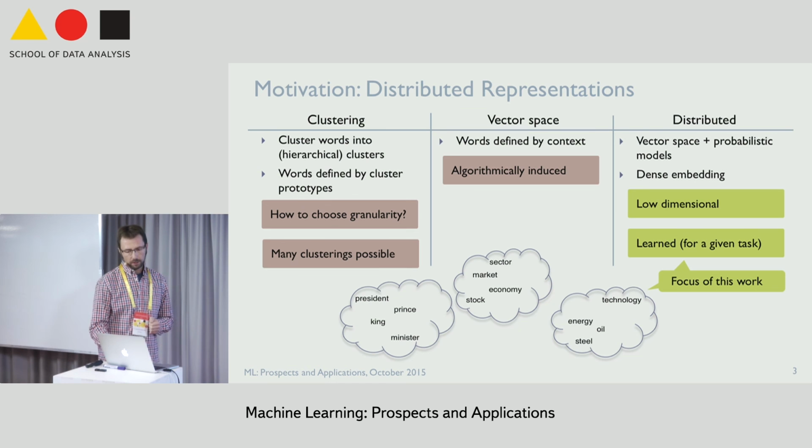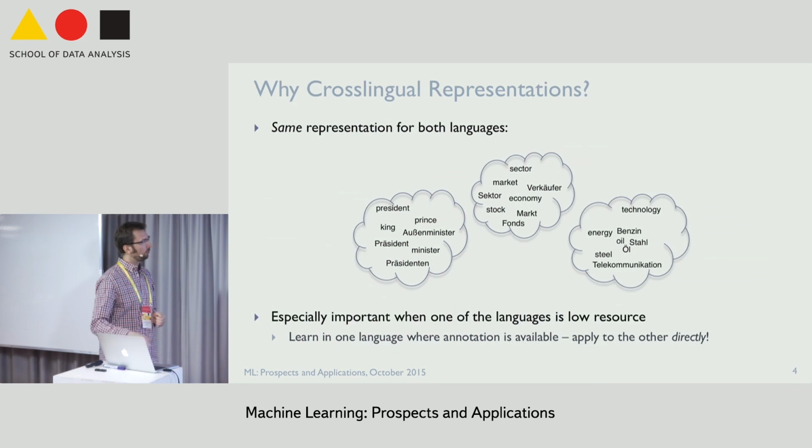What we'd like to do is to learn these distributed representations from multiple languages at the same time. The idea is that you end up mapping words in two different languages into the same space, where semantically similar words end up being close to each other.